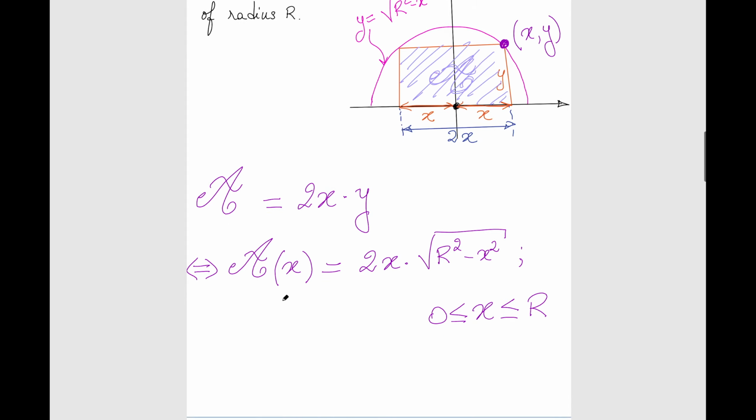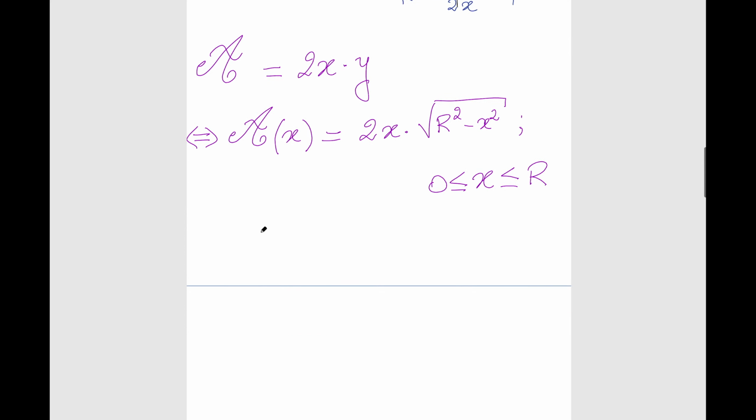All right. So I'm going to differentiate calligraphic A with respect to x. How about we use the product rule? So 2 times the square root of r squared minus x squared, plus 2x times the derivative of the square root of r squared minus x squared.